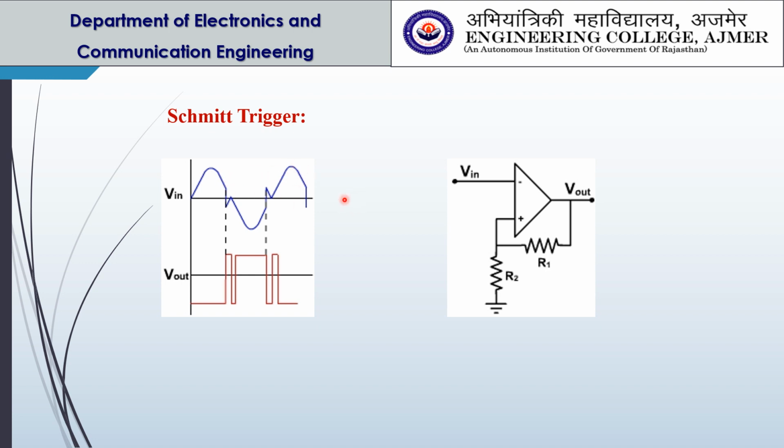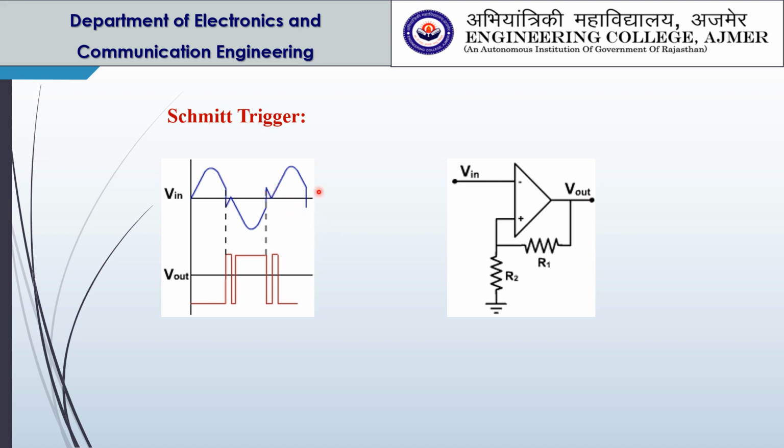If the input to a comparator contains noise, the output may be erratic when Vin is near a trip point or zero crossing.